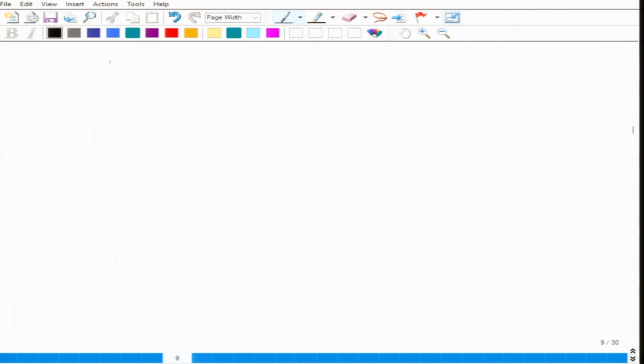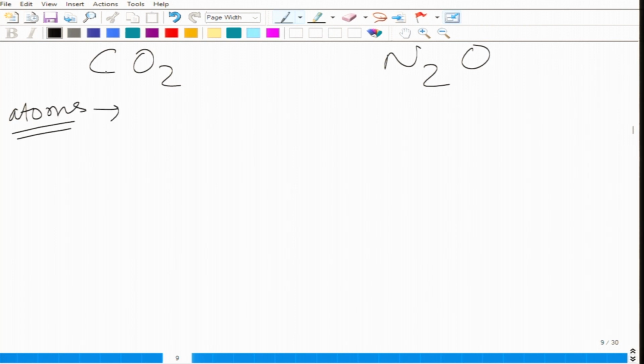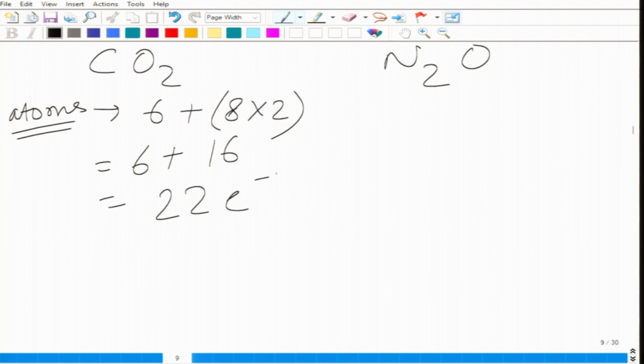We can do some other examples also, like CO2 and N2O. Carbon dioxide has carbon with 6 electrons and 2 oxygen atoms with 8 into 2, that is 6 plus 16, so carbon dioxide will have 22 electrons.